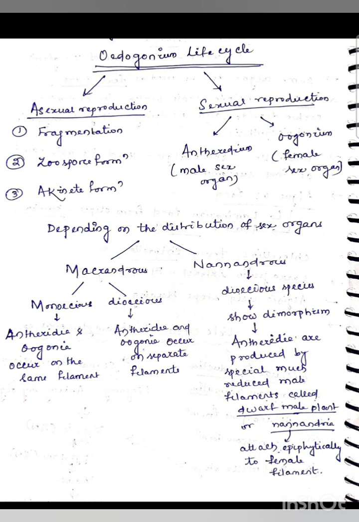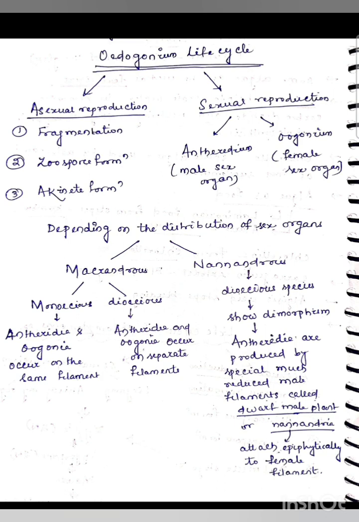Then sexual reproduction by Antheridium or male sex organ, and Oogonium or female sex organ. Depending on the distribution of sex organs, the Oedogonium species are divided into macrandrous species or nannandrous species. Macrandrous species may be monoecious with Antheridia and Oogonia borne on the same filament, or they may be dioecious where the Antheridia and Oogonia occur on separate filaments.